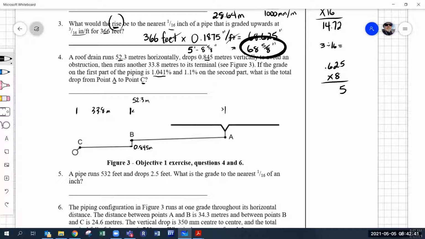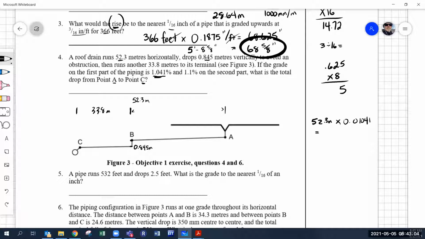Okay, so let's do the grade on the first one. 52.3 meters, and my grade on that first pipe says it's 1.041%, so that's 0.01041.